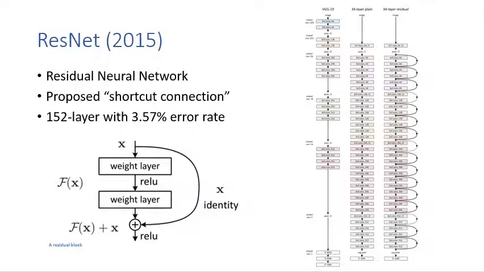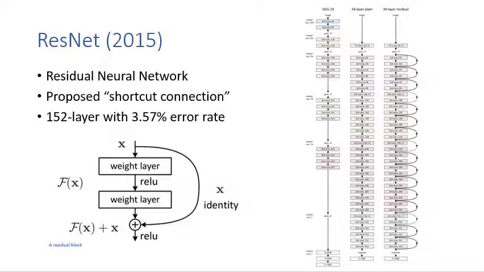Researchers have found that deeper networks achieved better performance, but if the architecture becomes too deep, the error rate increases. This is mostly due to the vanishing gradient problem, which states that the gradients are too small to change the weights of the deep layers.